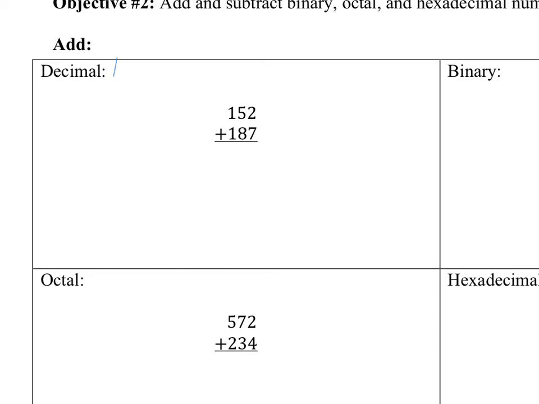So when you add, now this is decimal. Remember, this is base 10. This is our system that we're used to, we use every day. Okay? When you add 7 and 2 together, you get 9. Remember in decimal, 7, 8, 9.